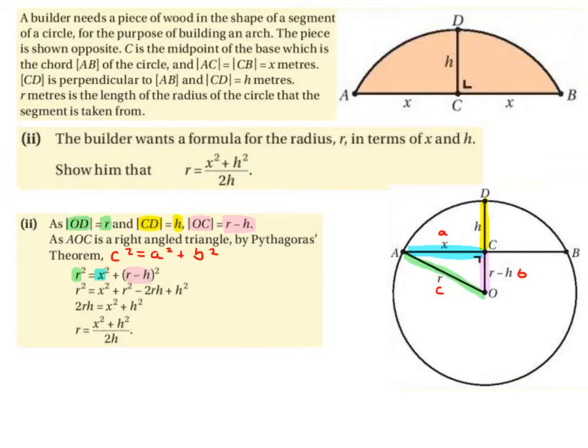R minus h squared, so r minus h multiplied by r minus h, gives us r squared minus 2rh plus h squared. Simplifying, we can cancel out the r squareds on either side, leaving x squared and h squared on the right hand side, and the minus 2rh moves over the equal sign. It becomes plus 2rh. So we get 2rh equals x squared plus h squared, and then we just divide across by 2h to get r on its own. So we get r equals x squared plus h squared all over 2h. And that's what we were asked to show.